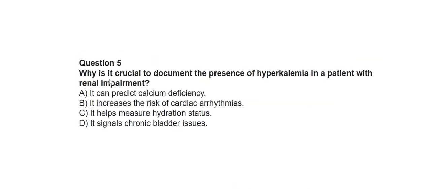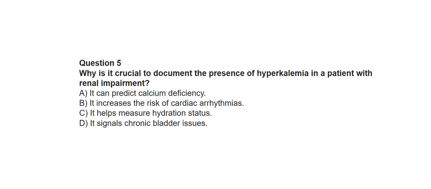Question 5. Why is it crucial to document the presence of hyperkalemia, high potassium levels, in a patient with renal impairment? A. It can predict calcium deficiency. B. It increases the risk of cardiac arrhythmias. C. It helps measure hydration status. Or D. It signals chronic bladder issues.